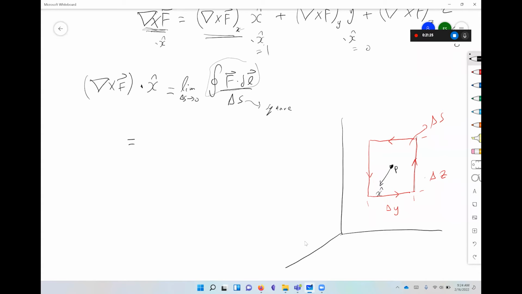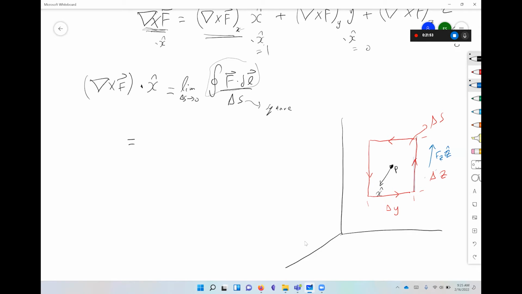This path is only parallel to the Fz component, so here I have Fz z hat. Fy y hat, when I dot it with this path, is going to be 0 because it's perpendicular to this path. Same thing with Fx x hat. The only thing that contributes to the line integral along this path is Fz z hat.